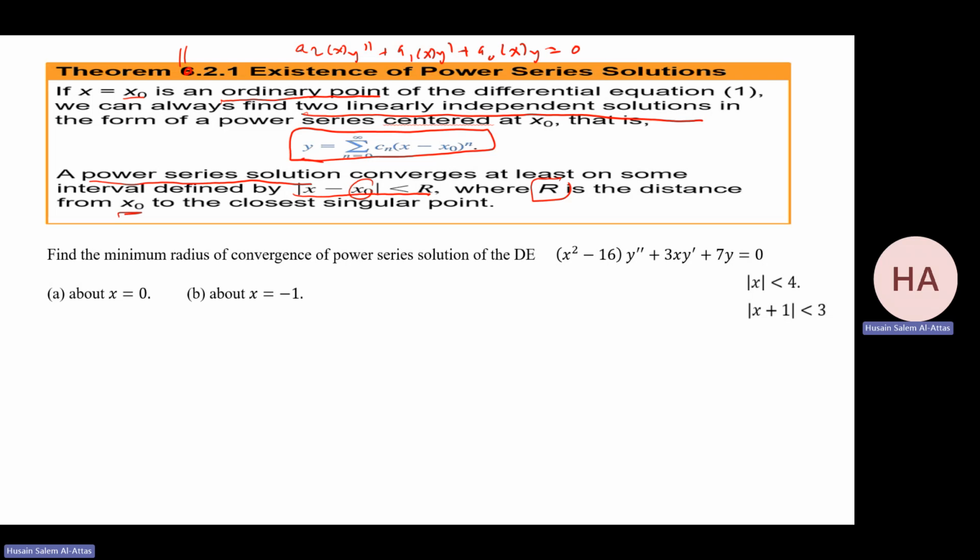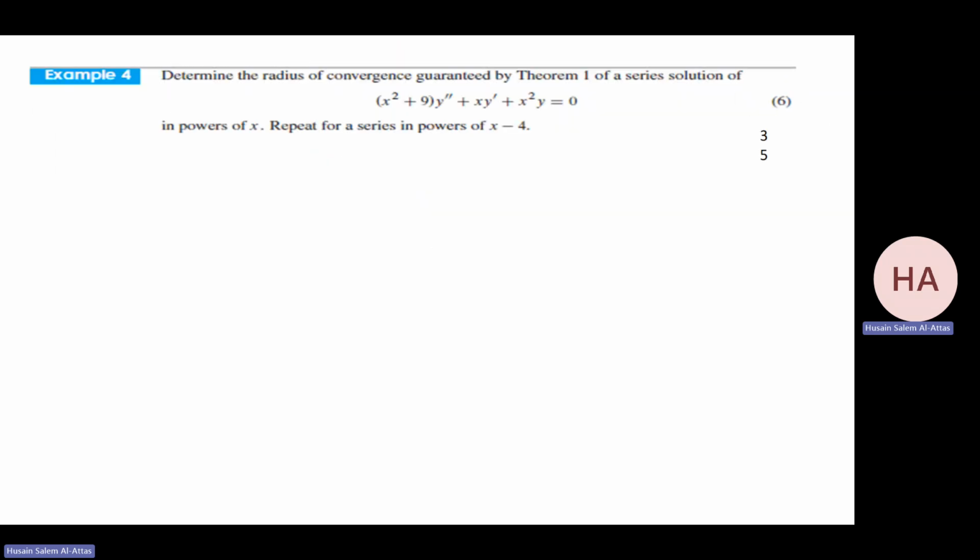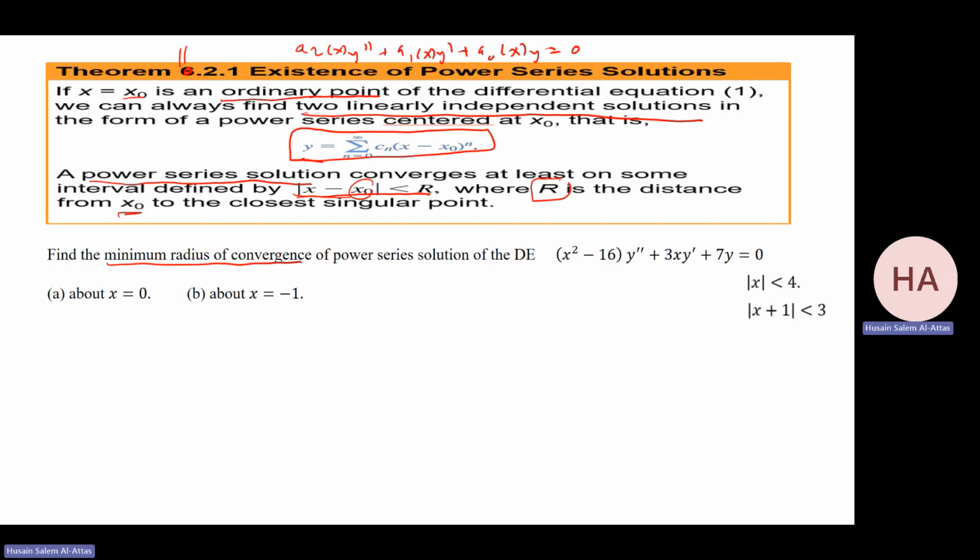Sometimes in the exam, they ask only about the minimum radius of convergence, which is the R or the interval. So how to find the interval or how to find R? I will do it in this example. Then we'll do 2 or 3 examples about that, and then we'll go to find the solution.